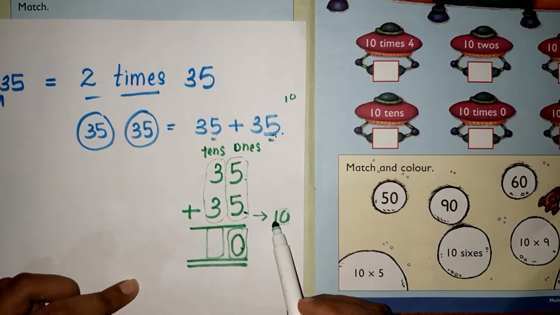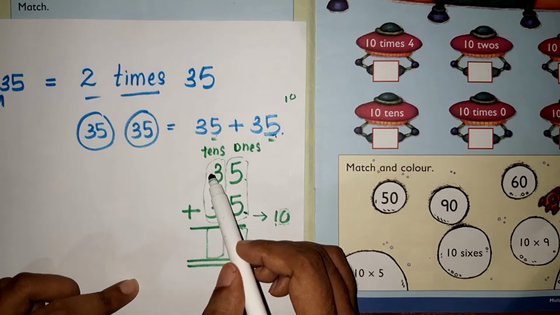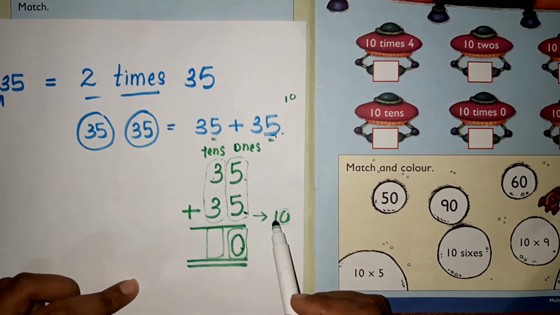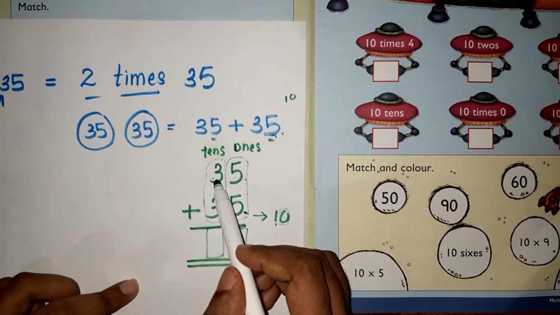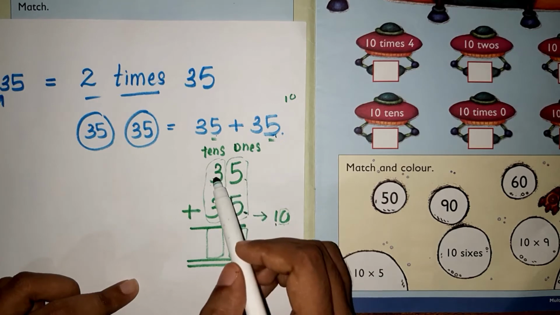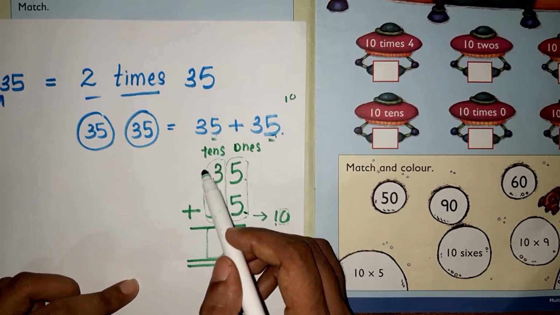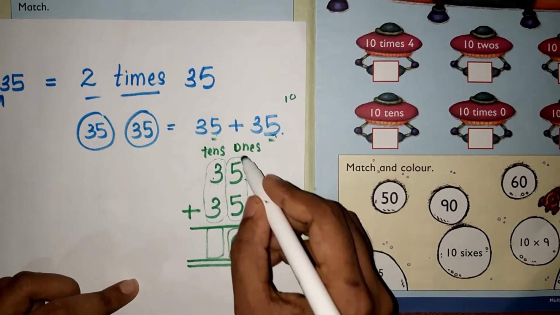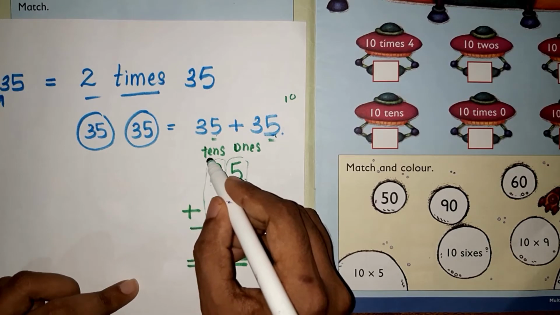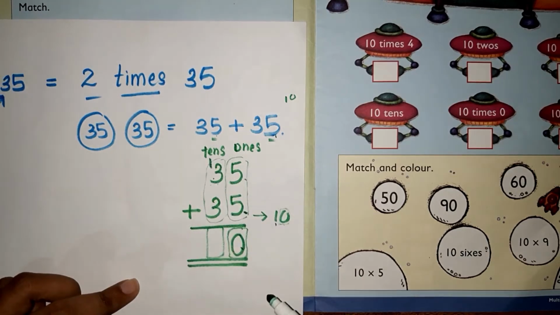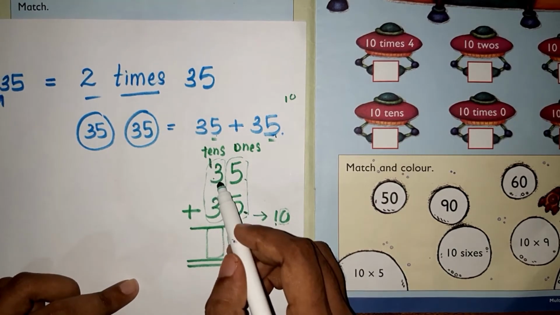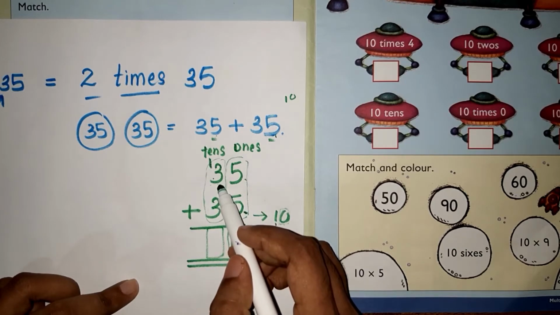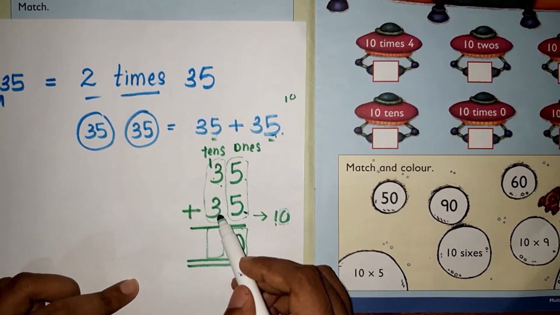Now this 1 is going to the tens side, so it should be added here. 1 plus 3. What is the answer? 4. So I am just taking this 1 to here. Now 1 is also there. 1 plus 3, 4. 4 plus 3. What is the answer? 7.